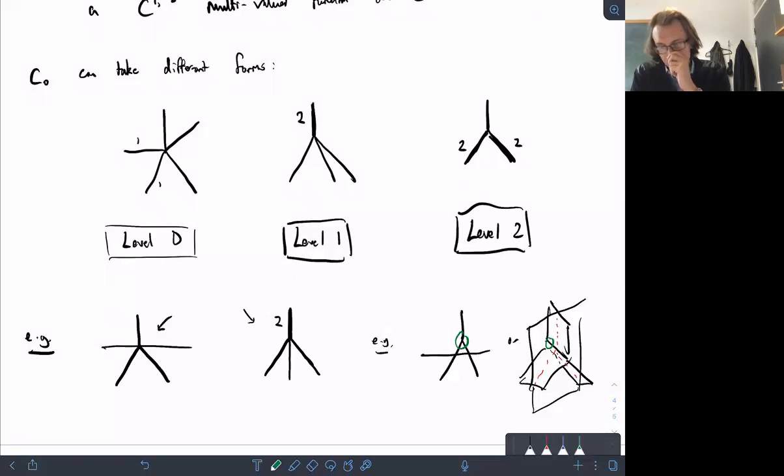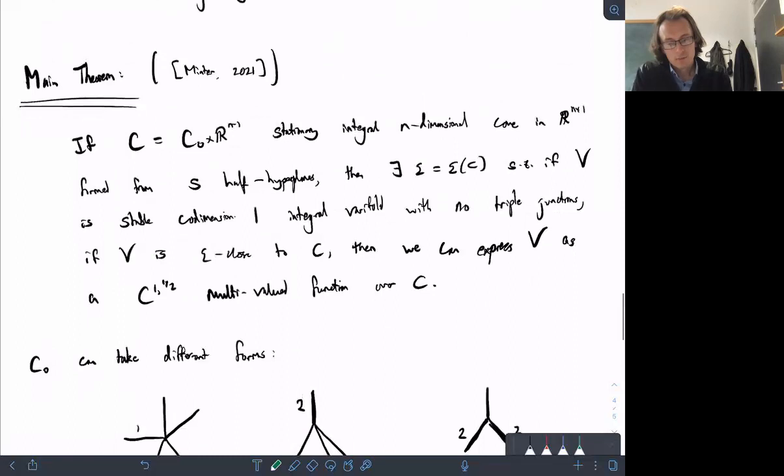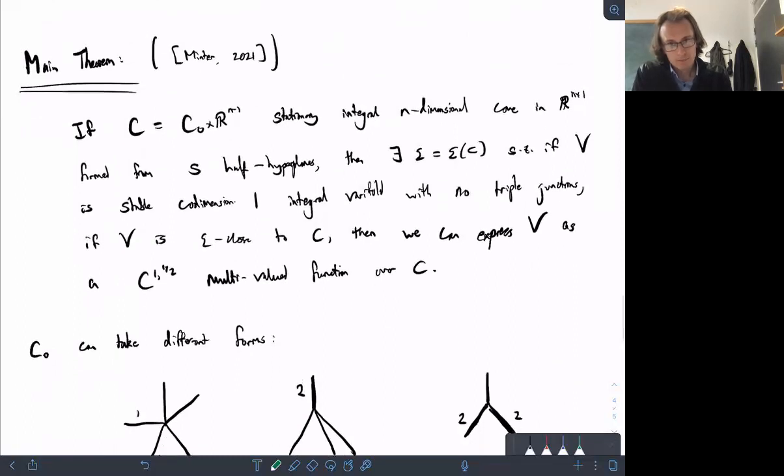So to prove this theorem, we're going to use a blow-up argument, which I'll describe in the next talk. And the main difference now is that when we blow up, we have the regularity results of Nishan that we can use over each of the half planes in the cone. But when we blow up, we know we'll have a 2-valued function over each half plane, or a single-valued function.